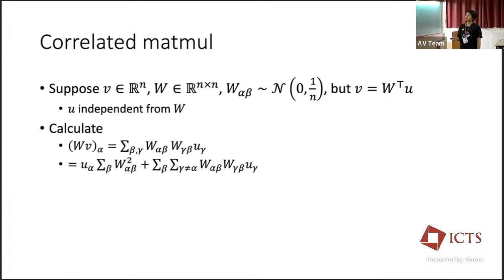So this sum, when n goes to infinity, goes deterministically to 1. So this term will be just u alpha when n is large. However, the second term actually doesn't go to 0. If you do this calculation carefully, you see that it is indeed zero mean, but the variance will converge to something like this. Assuming u has standard Gaussian entries, this is like 1. So the result is that each entry of Wv is the corresponding entry of u plus a constant amount of Gaussian fluctuation.